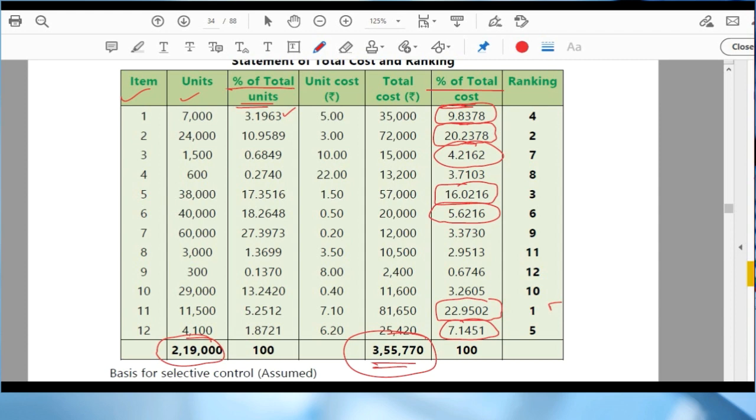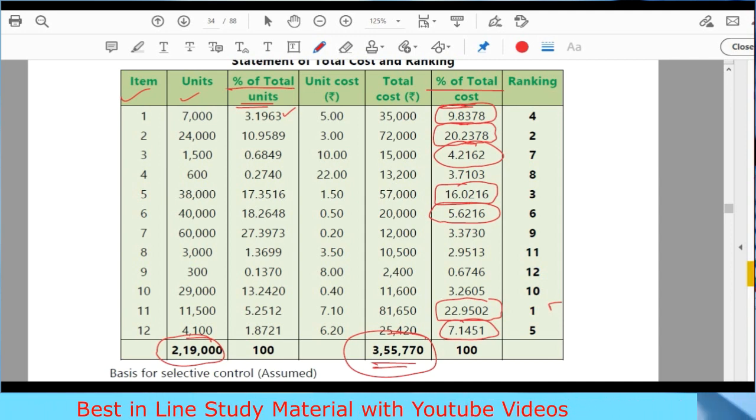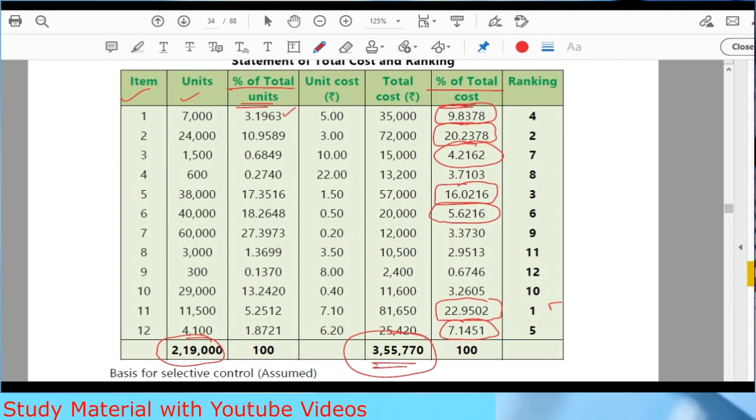So what is important here is to identify. First we have done the ranking, right? We have not yet done the categorization. What we have done is the ranking, that which item holds the maximum value. We have to see in terms of the value, not the quantity, sir. Sir, why not quantity? Because what is important is to take care of the costly items.